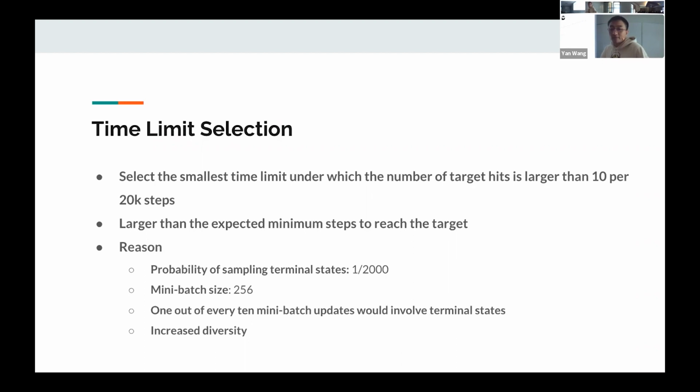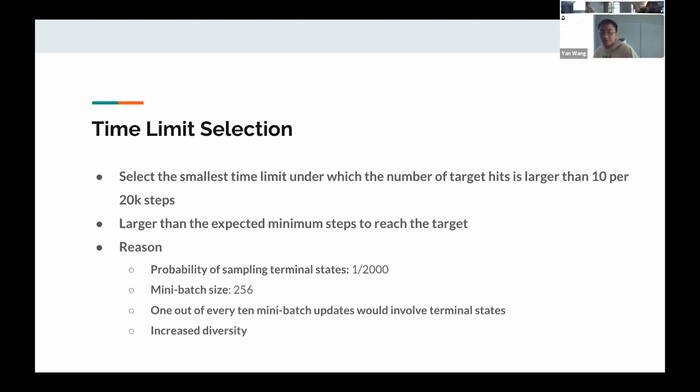10 good episodes in 20K steps means that the probability of sampling a true terminal state is about 1/2000. Including the terminal state in the policy update is important for learning correct value functions.